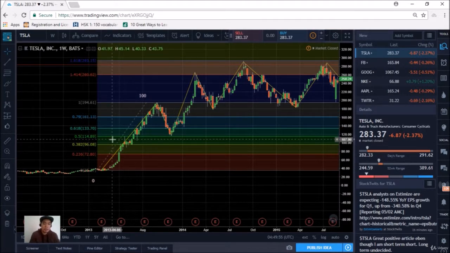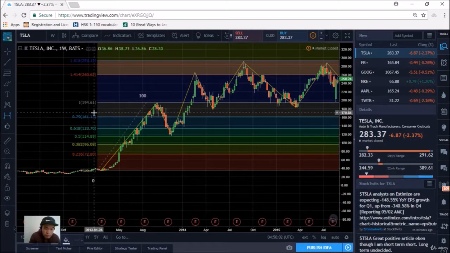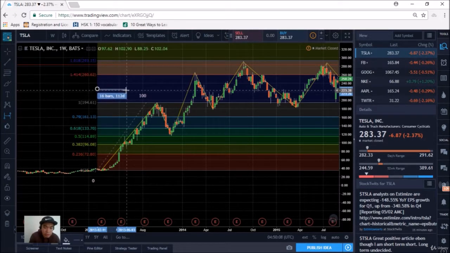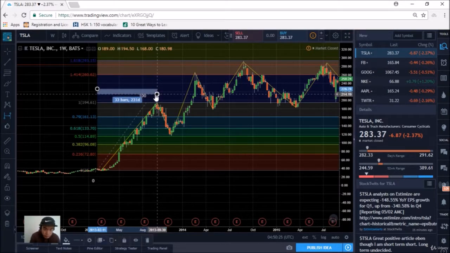In my software I have these tools to count my bars, or count the candles, which is actually the days of the candles, from the distinct low to the distinct high. You can see automatically that from this distinct low to the distinct high is 33 bars.